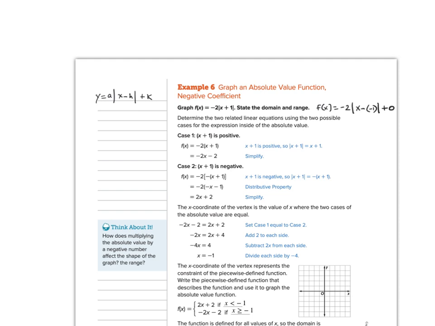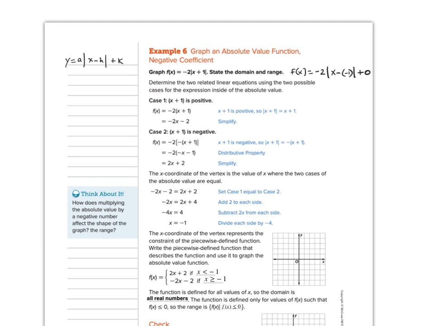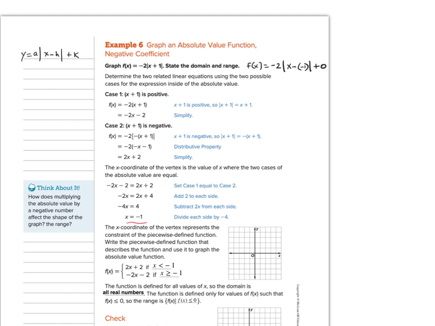And then they talk about here how to find out where my vertex lies. If we make those two things equal to each other and solve for x, we find out where my vertex is. And they say that my vertex is -1. Well, if you remember your vertex form, your absolute value transformations, I would have here -2 times the absolute value of x minus h.